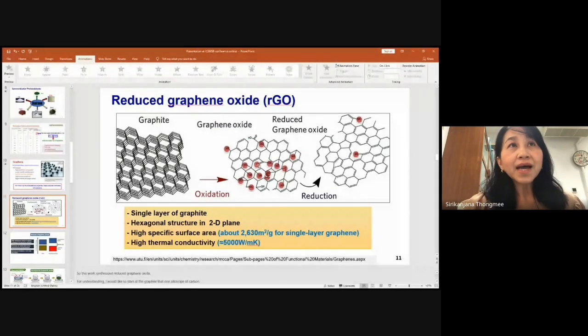Graphene oxide has a lot of functional groups, so we have to do the reduction to remove the functional groups, and then it becomes reduced graphene oxide.